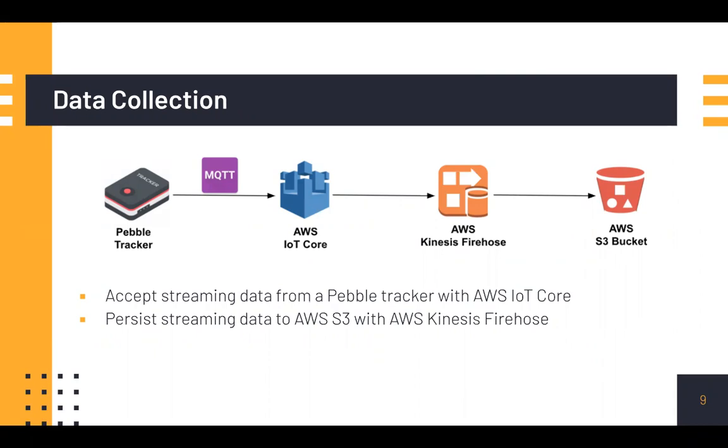After that, we use the AWS Kinesis Firehose service to persist the streaming data to the AWS S3 bucket. In this way, we finish the collection of the raw data from the tracker, which includes the location as well as other sensor data.